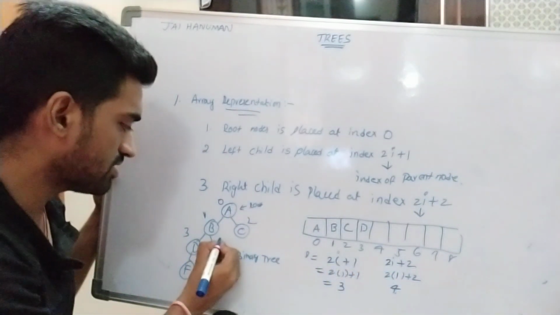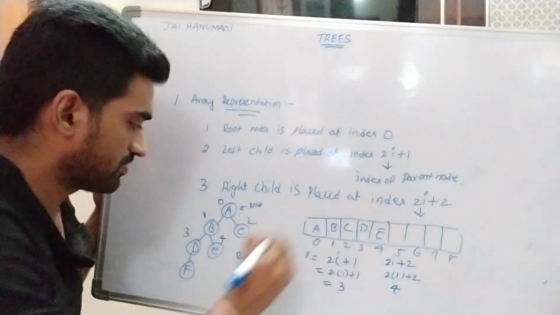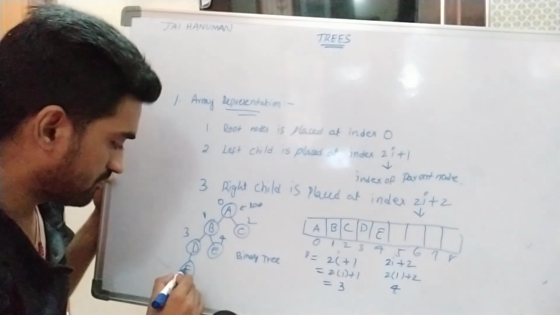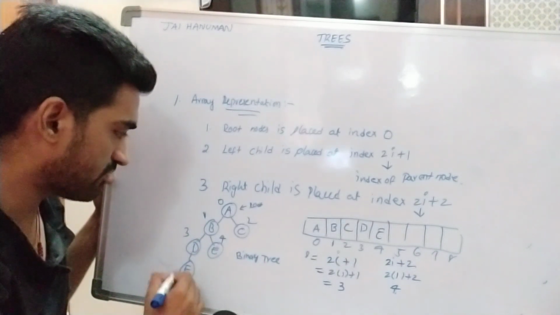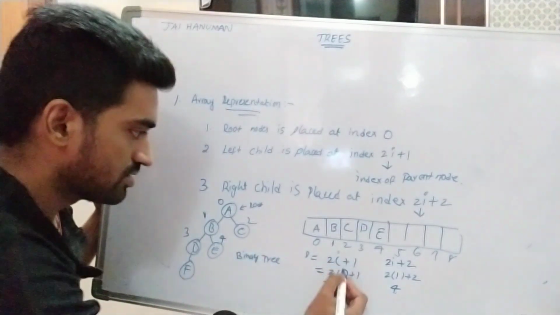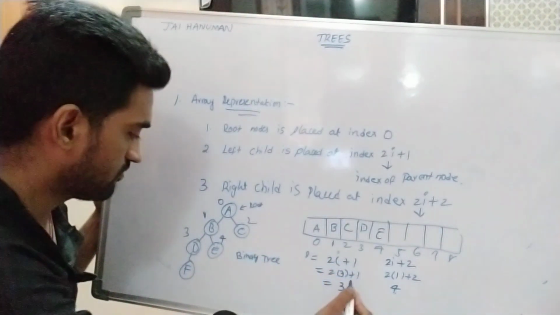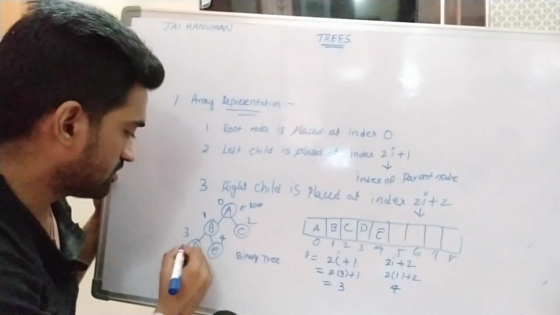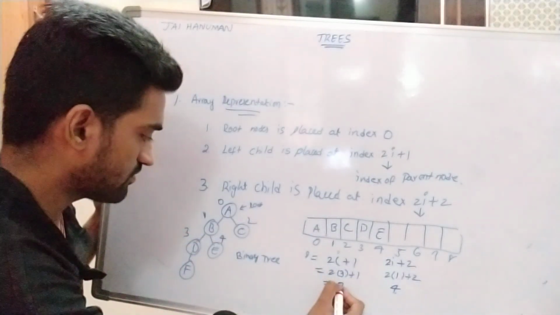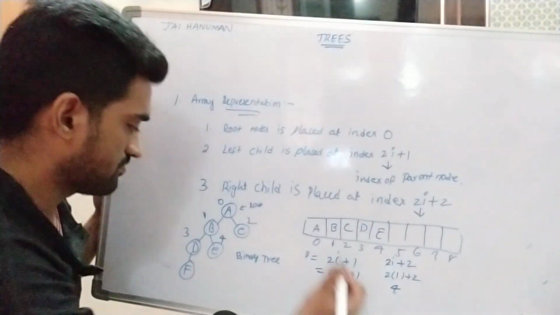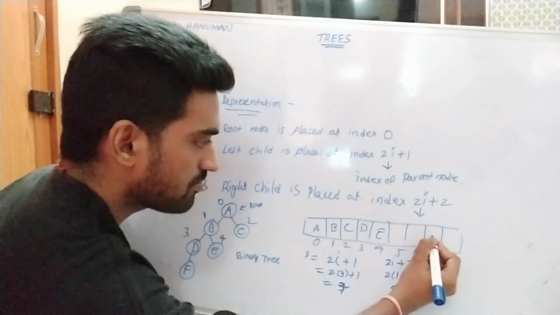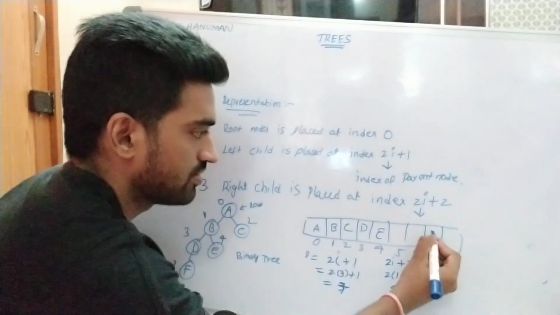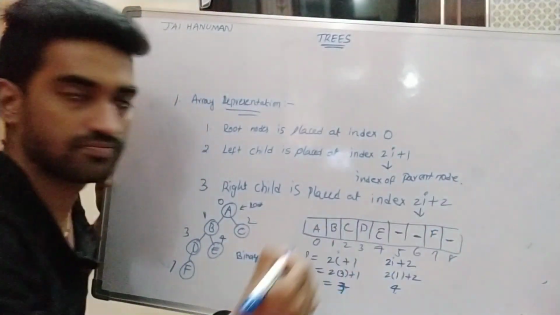So at the fourth position I place E. Then the parent node for F is D, at index 3, and F is a left child, so I use 2 times 3 plus 1, which is 7. At the seventh position I place F. The remaining positions are empty.